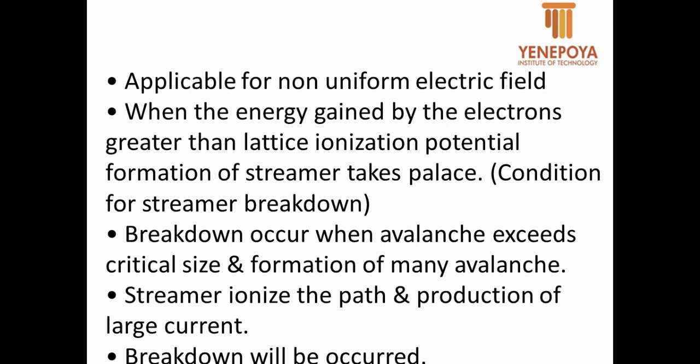These are the conditions of streamer breakdown. Breakdown occurs when the avalanche exceeds the critical size, with the formation of many avalanches, streamer ionization along the path, and production of large current.